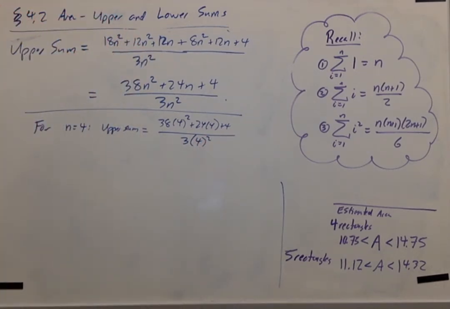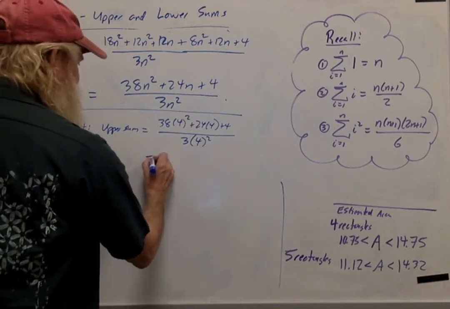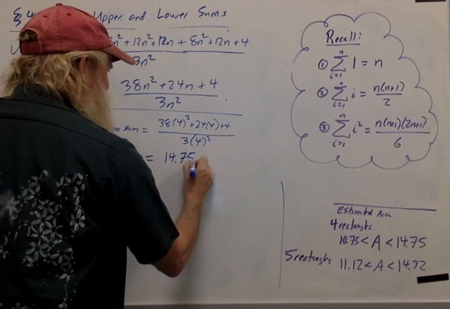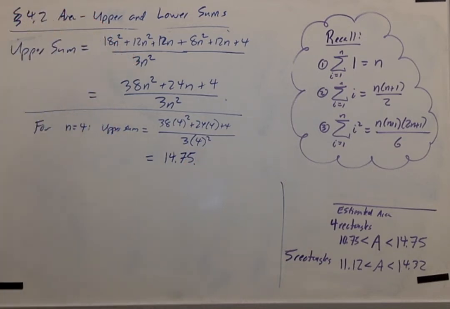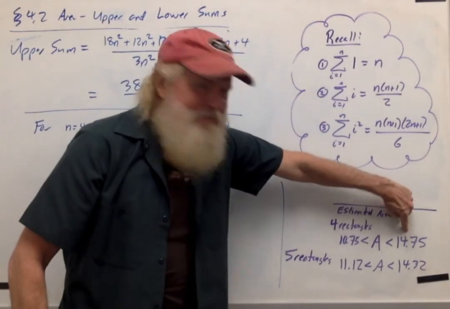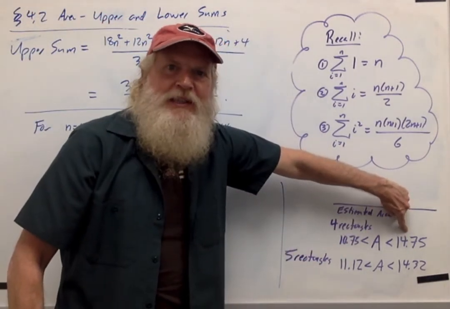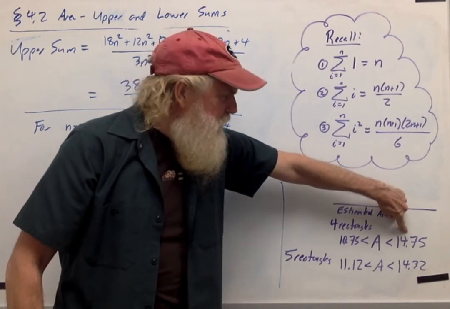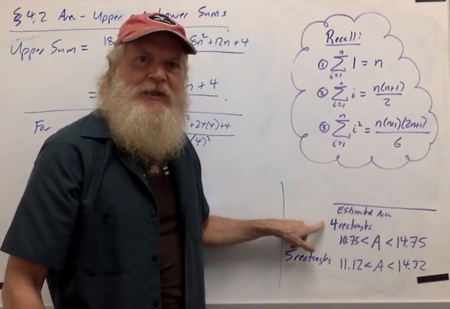If you put that in your calculator, you should get 14.75. And notice over here, I'll let this number up so that you see that we're getting the same thing we did before. So this formula gives us the upper sum for 4 rectangles.